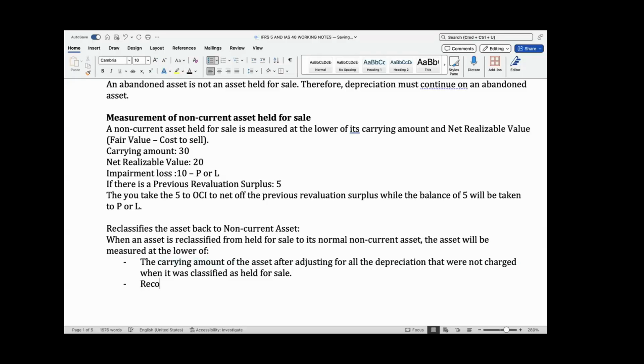And secondly, you compare it with the recoverable amount of the asset at the date of that reclassification. And the recoverable amount here can go as the net realizable value. And this is substantially how you measure a non-current asset held for sale.